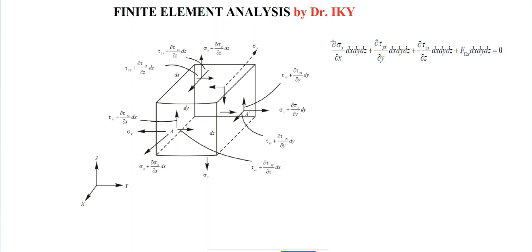So we will have d sigma x over dx in 3 dimensions. But after that, there is not just one way. There is x and y, and finally x and z. Because we are using two axes, the normal stress becomes shear stress.